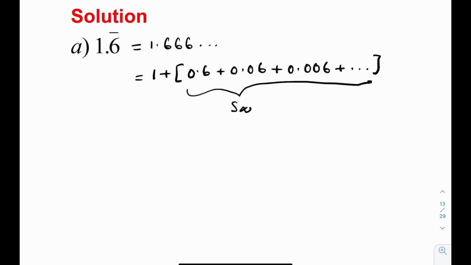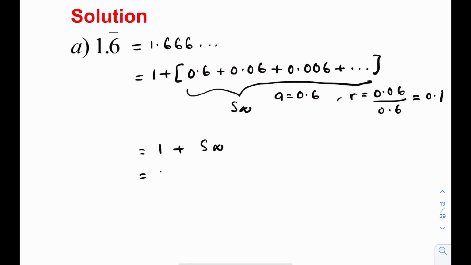From this series, we notice that a equals 0.6 and the common ratio r equals 0.06 over 0.6, which equals 0.1.